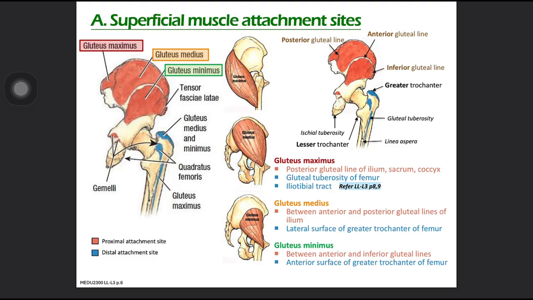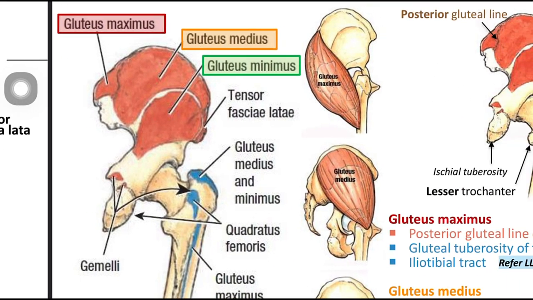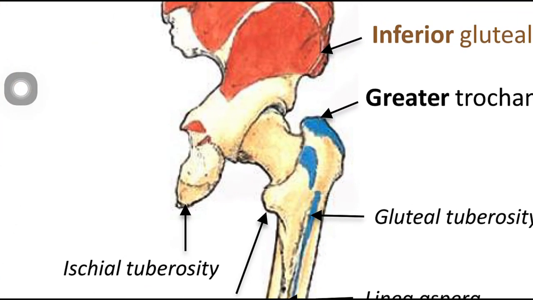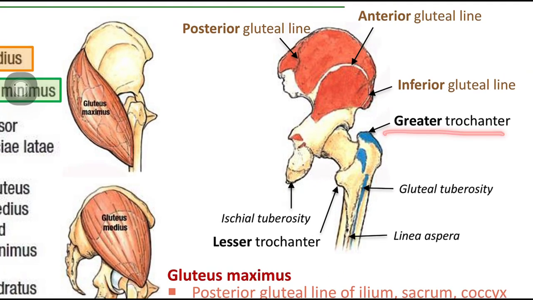I would not ask for the exact attachment sites, because you only have 5 hours on the lower limbs, so I think it's too much. And also you are not practicing rehabilitation science. So the idea is you better have an idea of, for example, the greater trochanter. Later on, you will see a lot more muscles that are also attached to the greater trochanter. So you should have this idea.